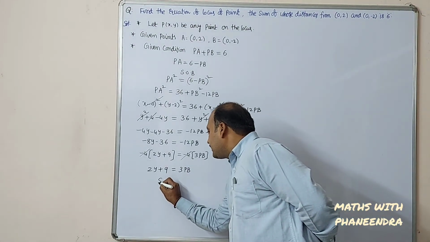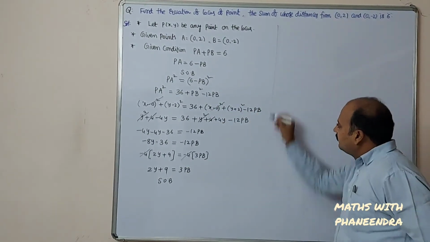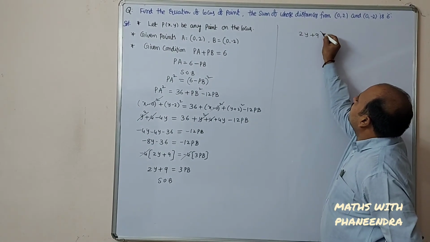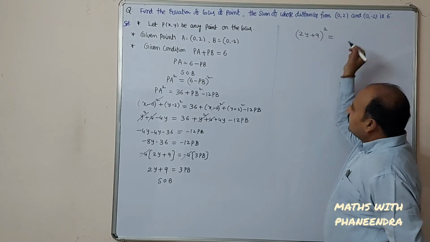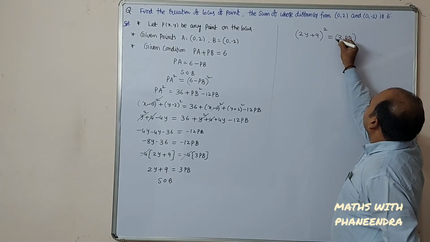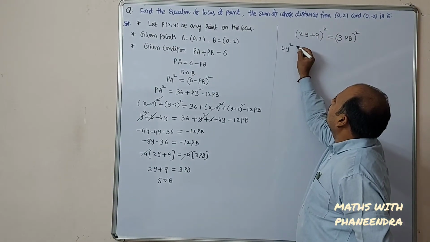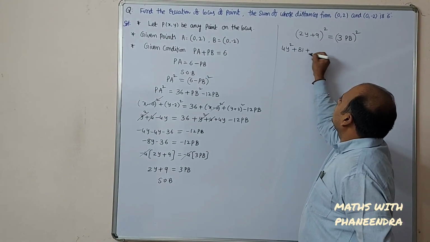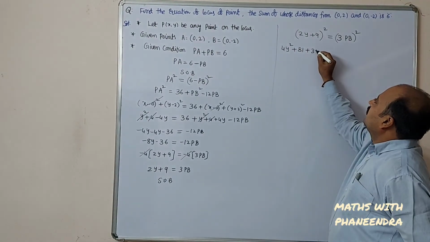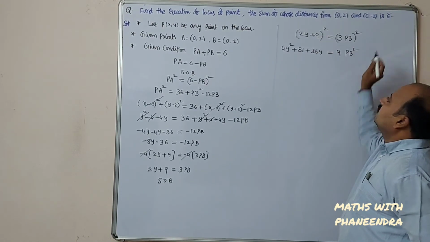Squaring on both sides. So that's what I am doing here. 2y plus 9 whole square is equal to 3 PB whole square. 2y plus 9 whole square, 4y square plus 81 plus 2 into 2y into 9, so 36y, is equal to 9 PB square.